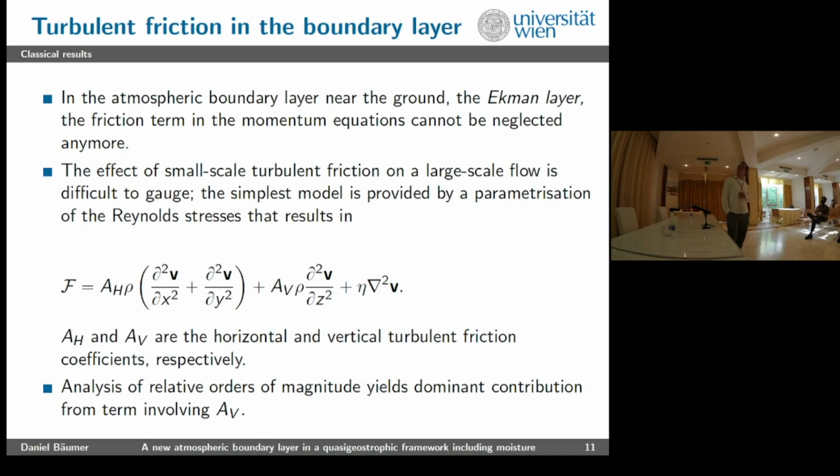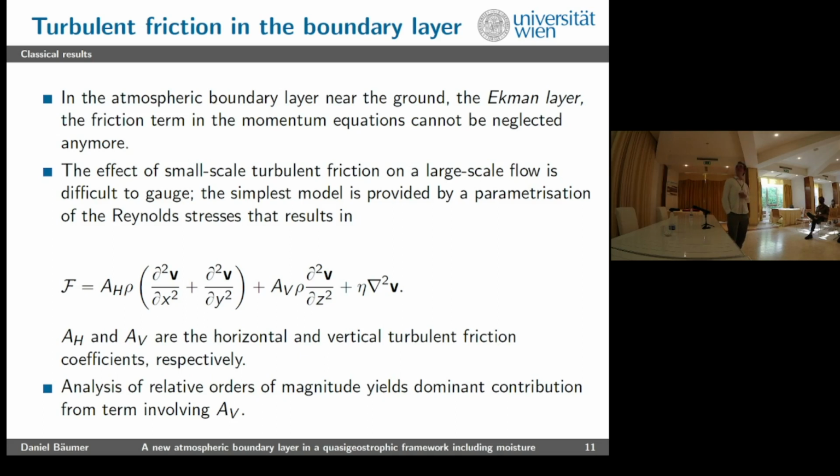Right, now the big problem here is that there is no proper mathematical theory of turbulence, at least not yet. And so the effect of turbulent friction on a small scale on a large scale flow is very difficult to gauge.